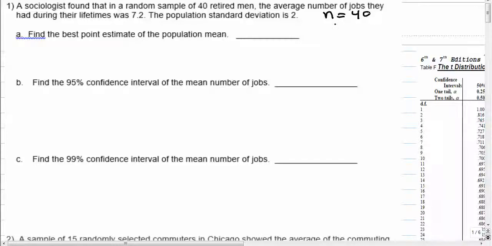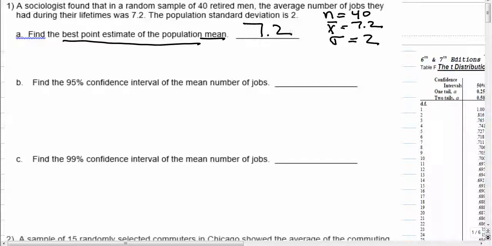We have from that sample x bar turned out to be 7.2, and we're given the population standard deviation is 2. That's the information given. The best point estimate for the population mean is the sample mean. So the best point estimate is 7.2.